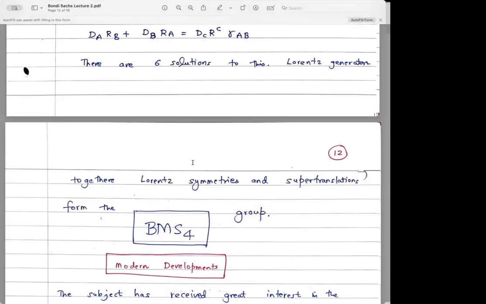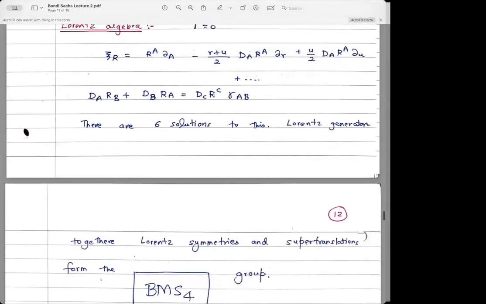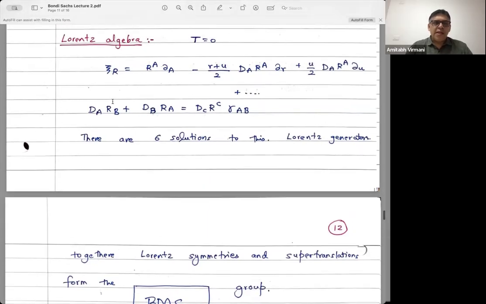Instead of this conformal Killing equation, if one solves the Killing equation, you will get three generators, right? On the sphere. Yes, but that is too restrictive. The conformal Killing equation comes because you want to have freedom in redefining your u coordinate and radial coordinate and things like those, preserving the Bondi form and preserving smoothness of the metric at the sphere.